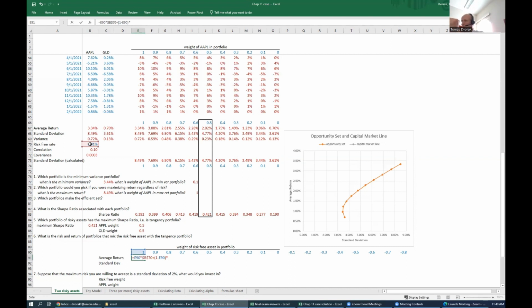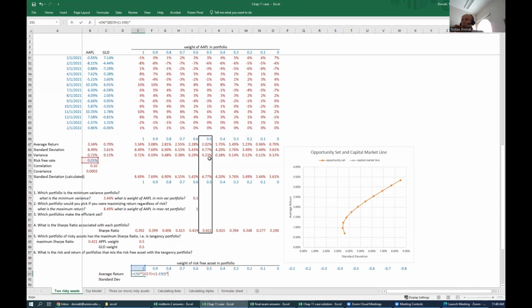The tangency portfolio is 50-50 Apple Gold. The return on 50-50 Apple Gold is in here, this guy here. I'm going to lock that. When we are 100% risk-free, then the return is just 0.01%.